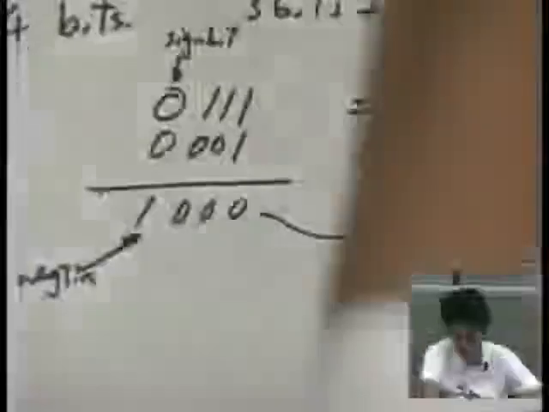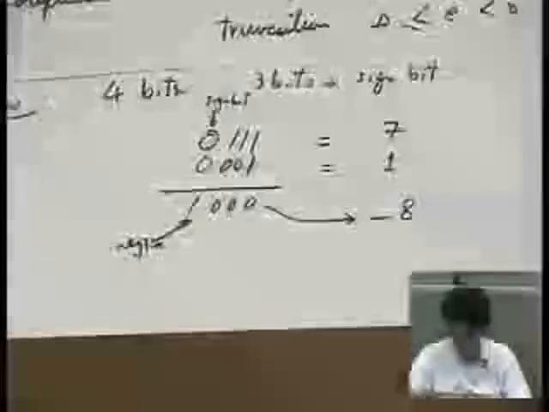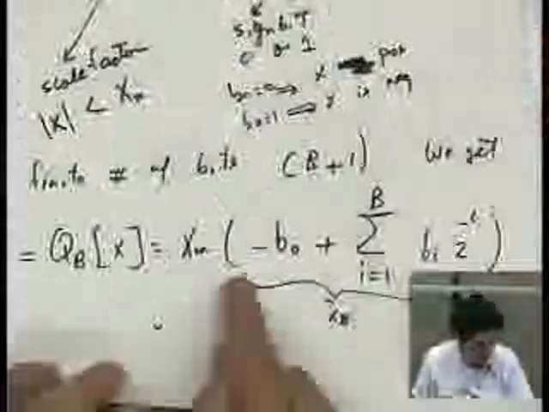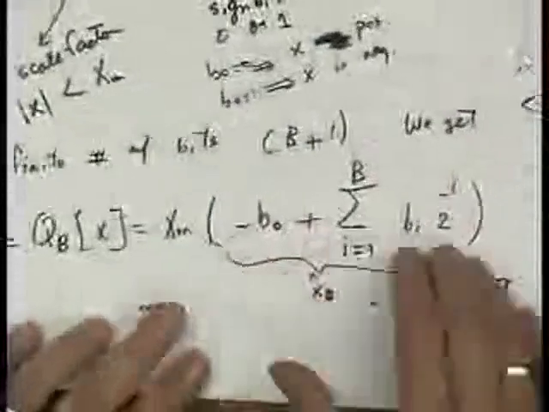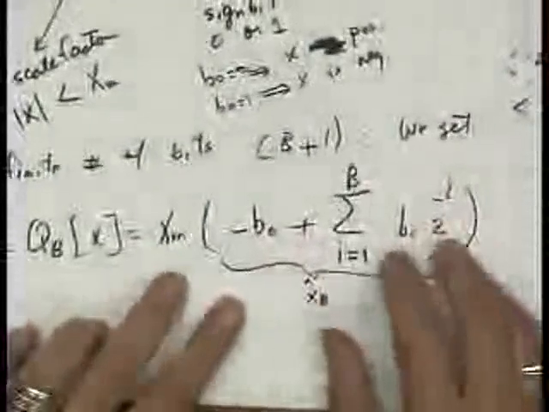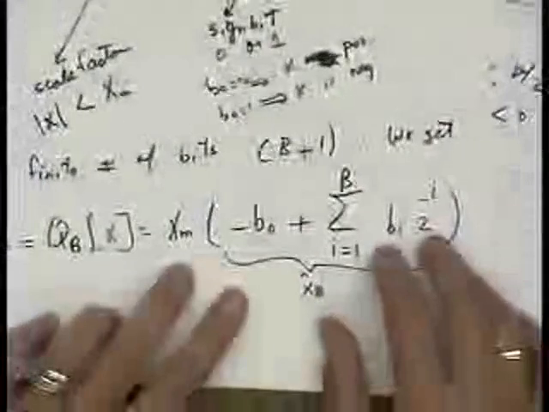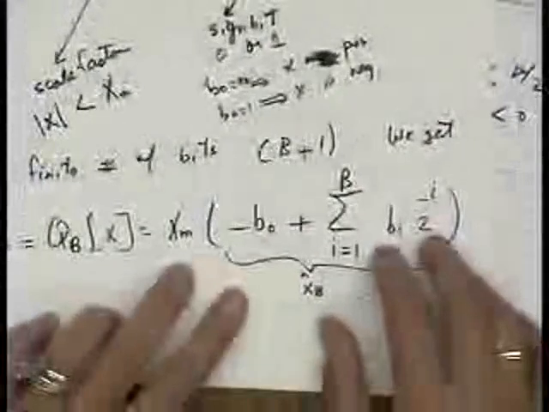Yeah. Can you mention that 1, 0, 0, 0? Mm-hmm. Why is that negative 8? Why is that not negative 0? Because, well, it's negative because B0 is 1. And then B1, B2, and B3 are all 0.